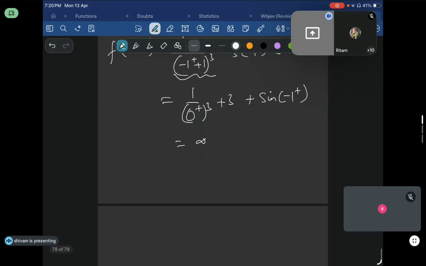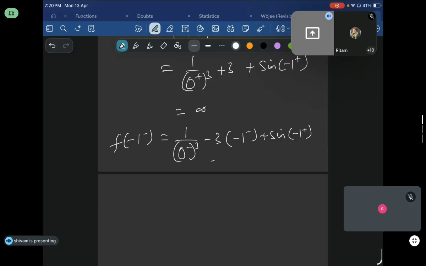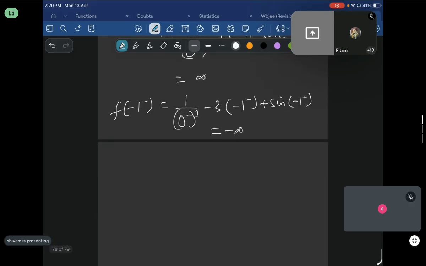Similarly, f of -1 minus will be equal to 1 upon 0 minus whole cube, minus 3 into -1 minus plus sine of -1 minus. This will tend to minus infinity.